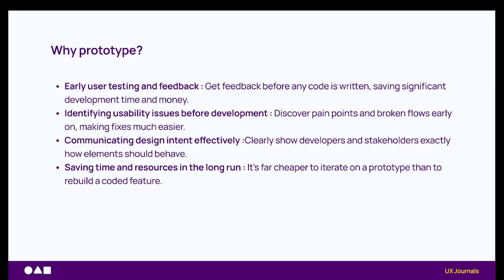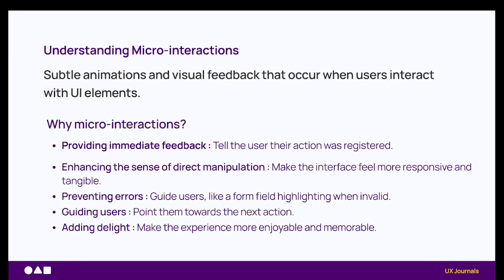Understand? So moving from prototypes, we get to learn about micro interactions, right? So what are micro interactions? Micro interactions are subtle animations and visual feedback that occur when users interact with a UI element.